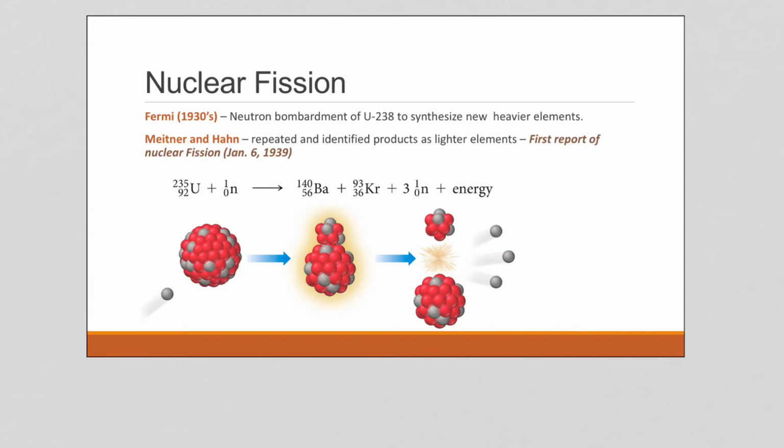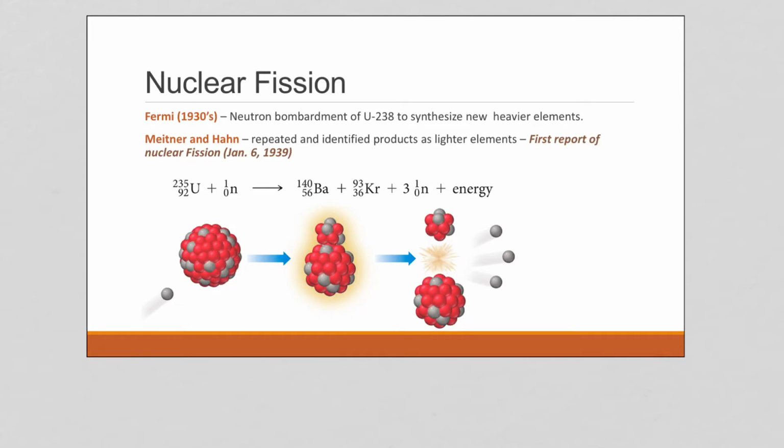Fermi was initially doing these experiments, and it's believed probably that he actually saw the first nuclear fission. Now, he didn't actually bother to characterize the products of what was going on, so we don't credit him with that discovery, but he sort of kicked off this process.